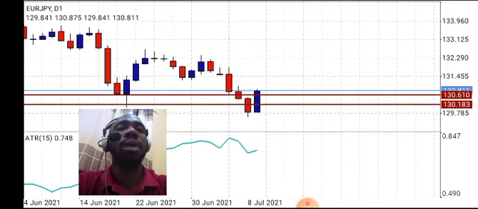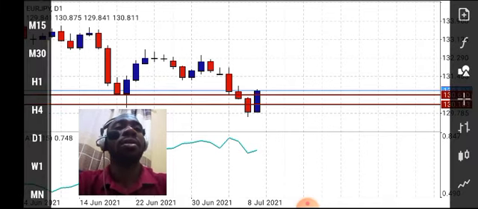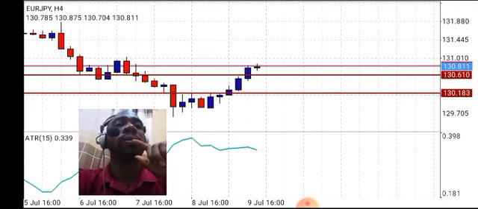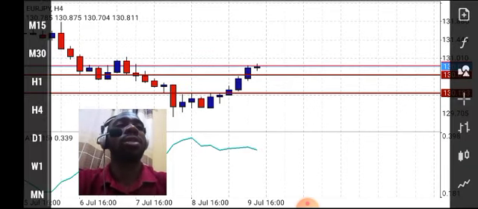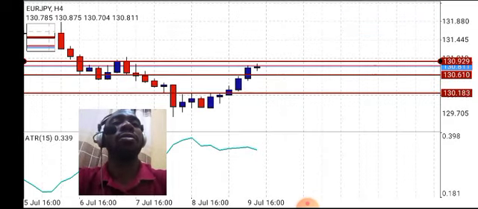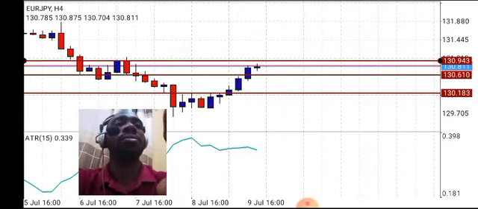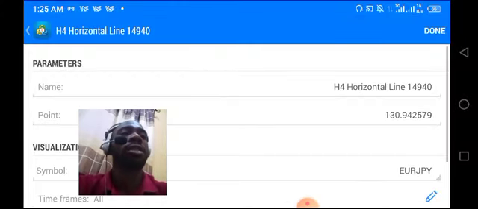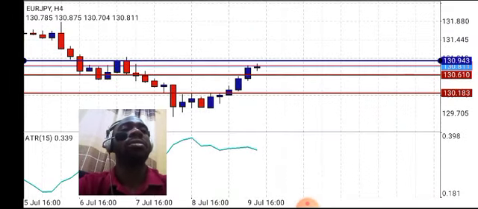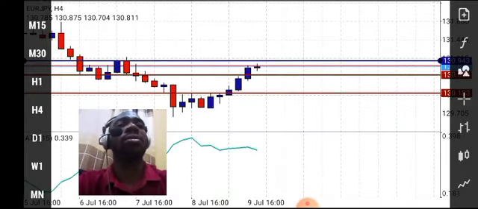Then if I want to buy, then I might consider buying above this level. So that's my take on Euro JPY.